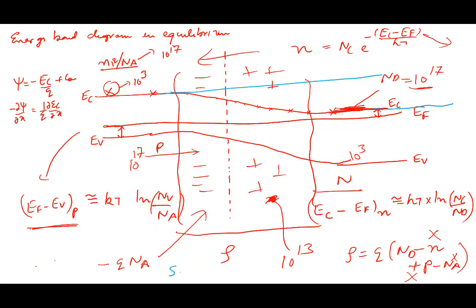Does it make sense to call it SCR, a space charge region? It's a region in space where there is charge. What can be simpler than that? You're calling it a space charge region.